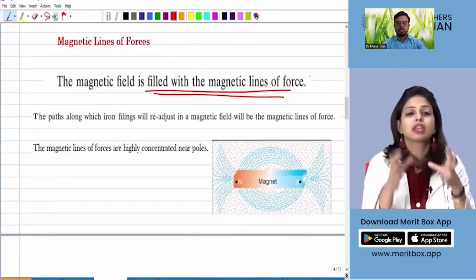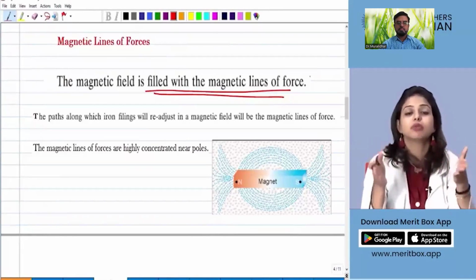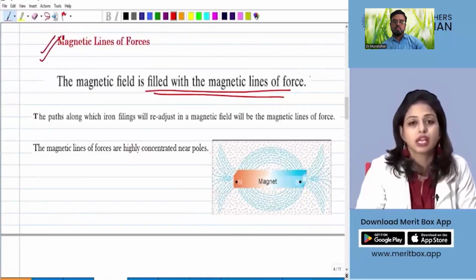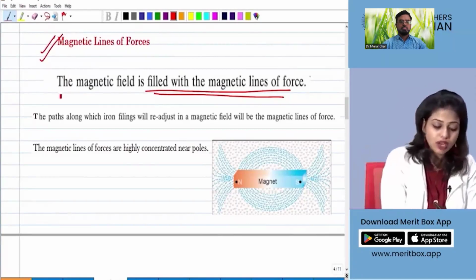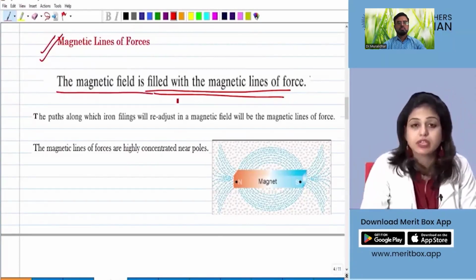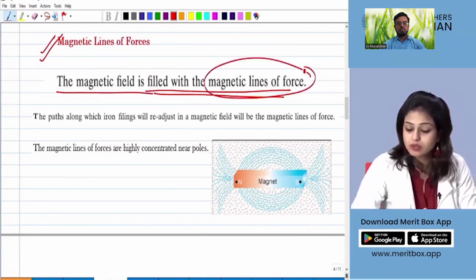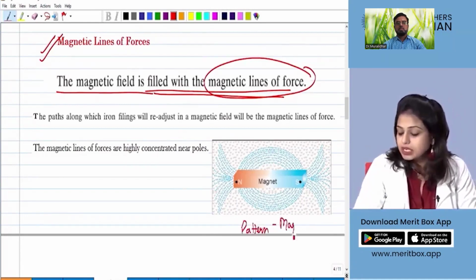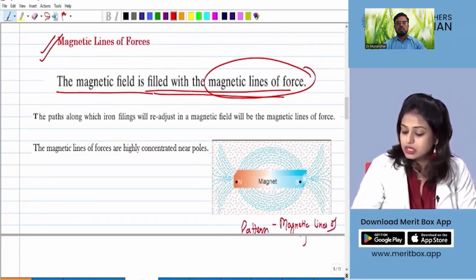But the influence of the magnetic field is affected by what, students? They are affected by the magnetic lines of force. So, we can say in a term that the magnetic field is filled with the magnetic lines of force. So, the pattern you are observing is nothing but the magnetic lines of force.